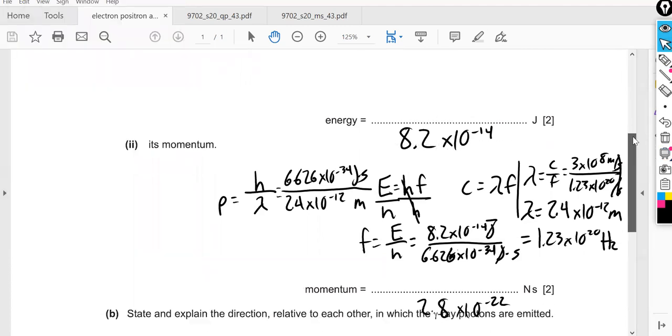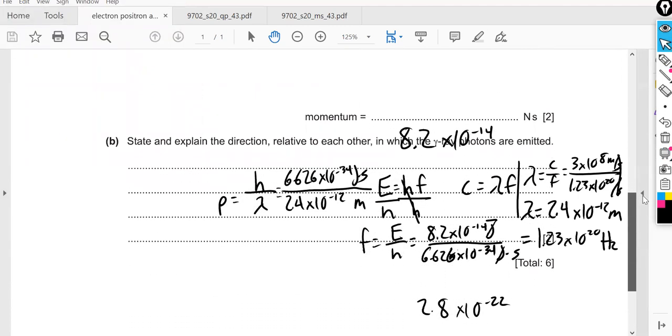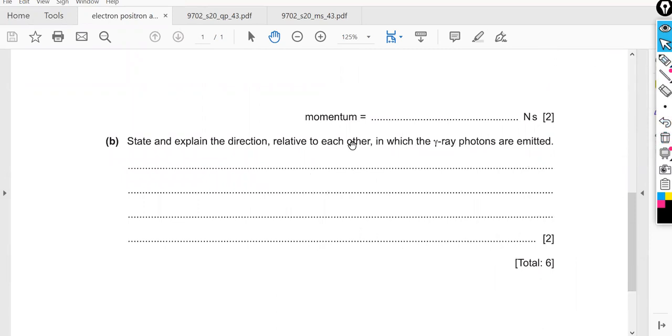The very last part of this question asks, state and explain the direction relative to each other in which the gamma ray photons are emitted. So here we've got the law of conservation of momentum. The initial momentum has to equal the final momentum. Because it says that the particles are at rest initially, the initial momentum is 0.